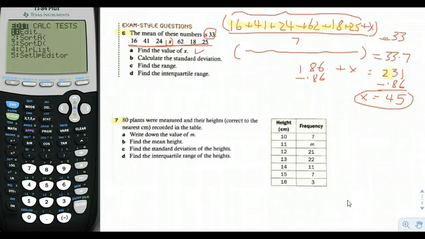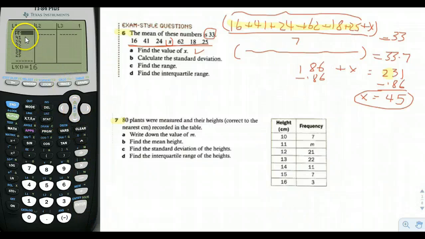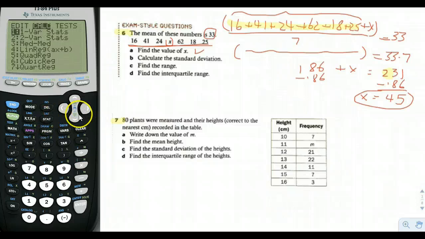Calculate the standard deviation. Okay, now that we know what x is, the rest of it becomes quite simple. We could just use stat edit. And just for convenience, I've already put in all the numbers except for the 45. So I'm just going to come down here and enter the 45. And then we're going to use stat calc, 1-bar stats.